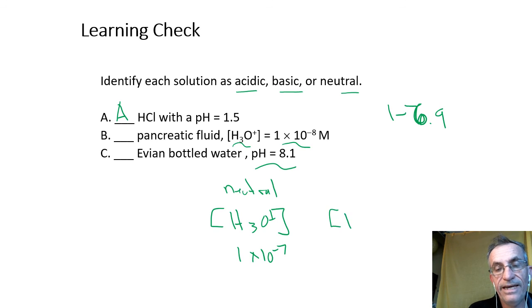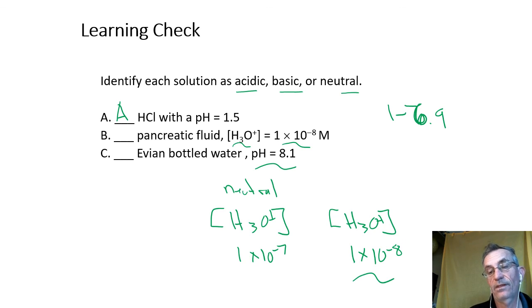Now in this pancreatic fluid, the amount of hydronium ion is 1 × 10⁻⁸, that's actually less. So you have less hydronium ion than in something that's neutral, and you're actually basic. You don't have as much hydronium as you could. If you had extra hydronium ion, you'd be acidic. But this thing's got less, so it's basic.